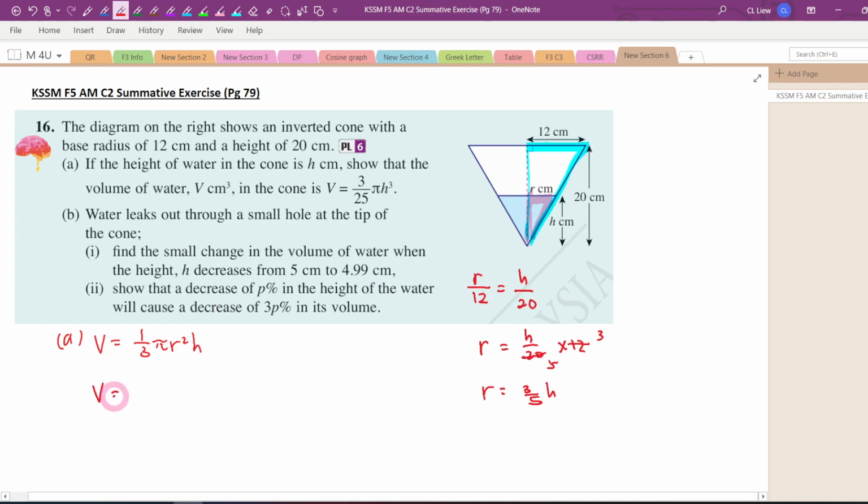So volume is equal to 1 over 3 pi r squared h. We don't want r anymore, we want to change the r to h. So 3 over 5 h, square the whole thing, times h.